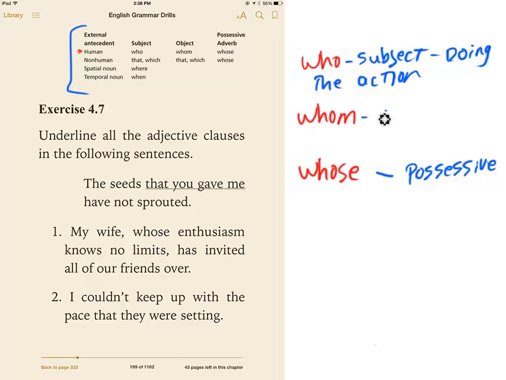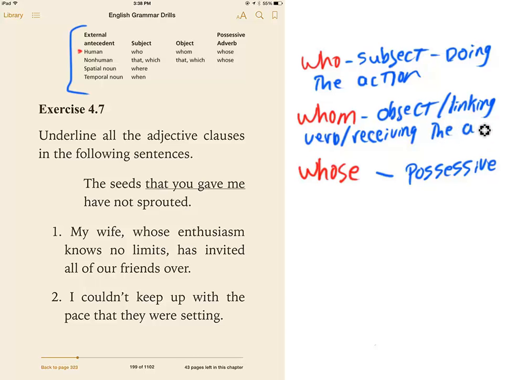And if it is the object, or if there's a linking verb used, or another way to put it is if it's receiving the action, then of course you use the object whom. All right, so that's a little bit of review.